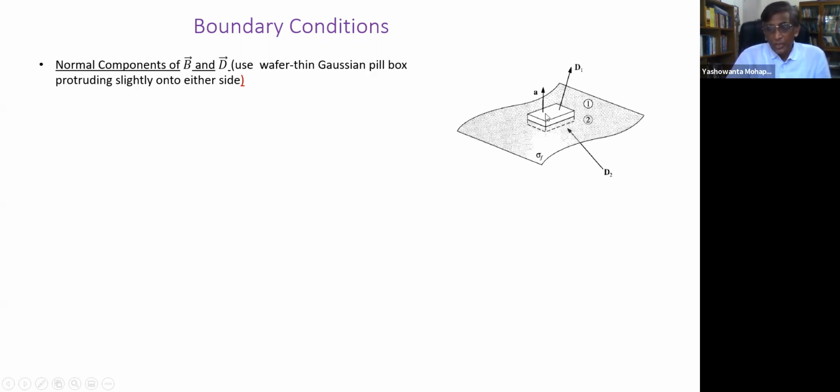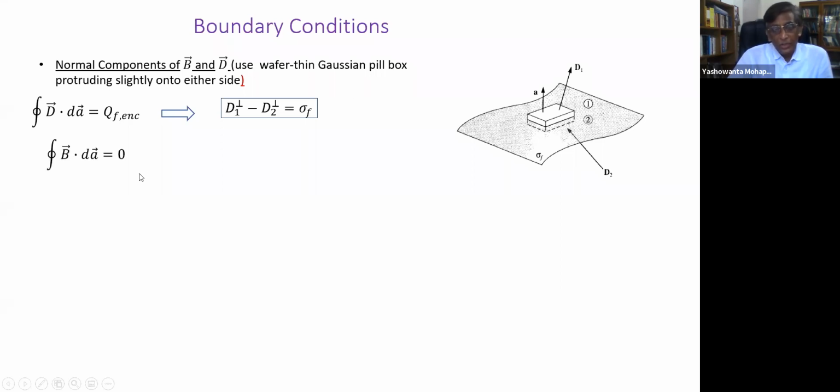Then D and B can be figured out. So D dot dA is Q free enclosed. I'm just giving an example, but you can do it for any of those equations. And so D1 perpendicular and D2 perpendicular differ only if there is a free charge. Then B dot dA is equal to 0, which means B1 perpendicular and B2 perpendicular must be equal.